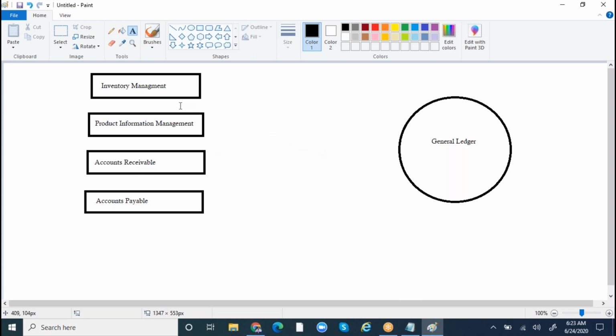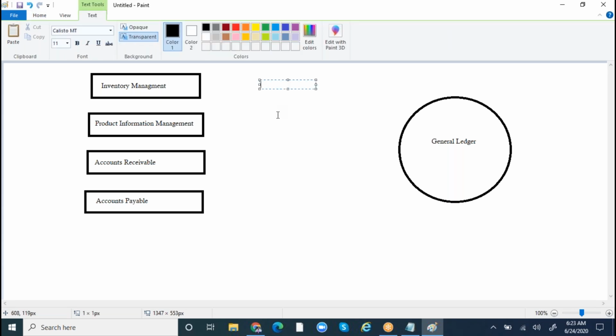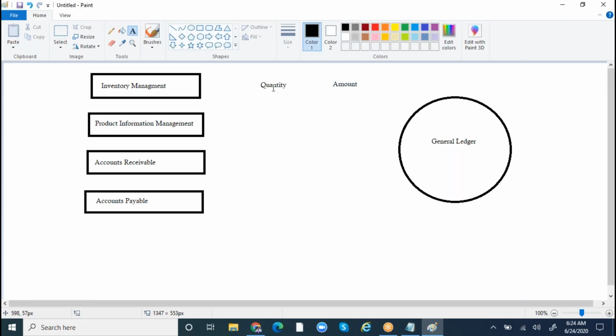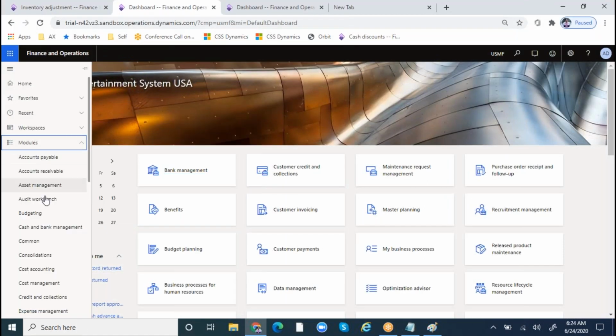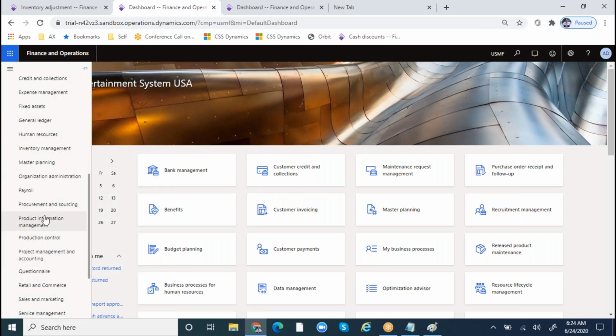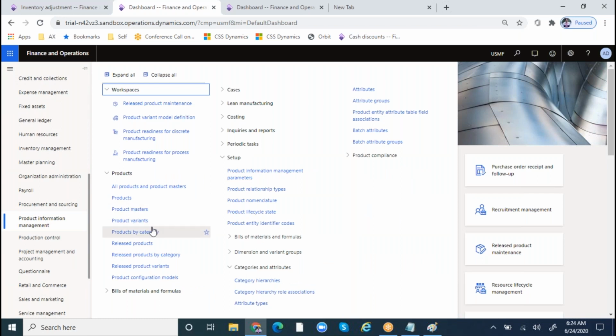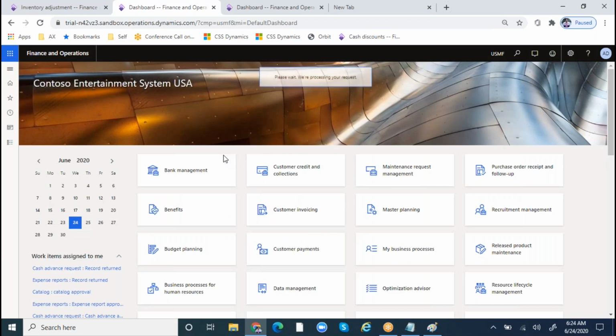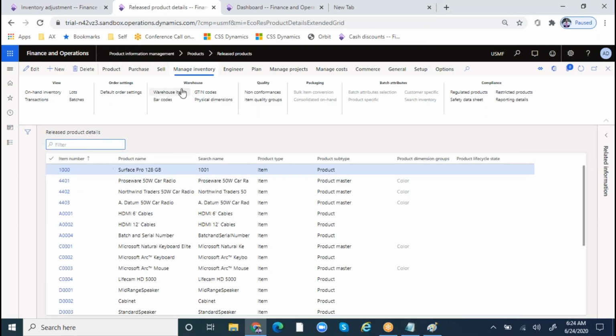Now, whatever we are entering, suppose inventory transactions, there is quantity and there is amount. This quantity and amount for each transaction we can see from the inventory item. If I go to product information management, released products, this is the item.